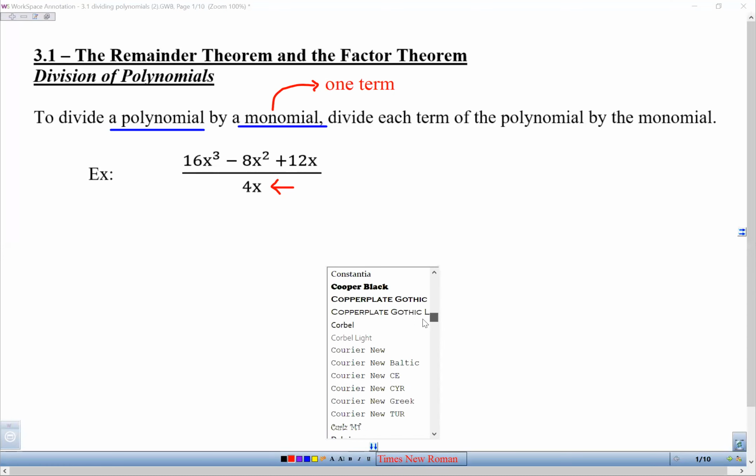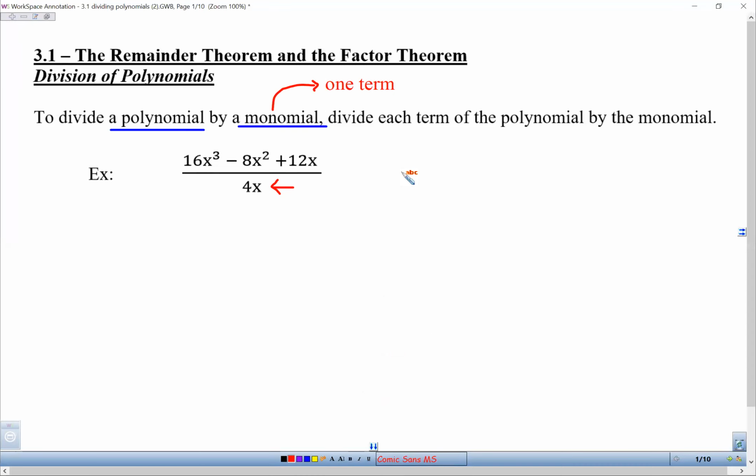So the simplest way to do this is to split this up into multiple fractions. So each fraction is going to have the same denominator, which is our 4x. So we're going to write these as individual fractions.